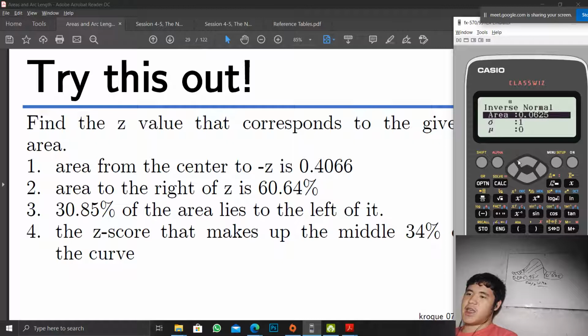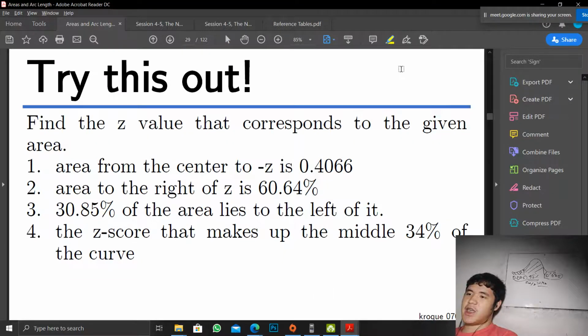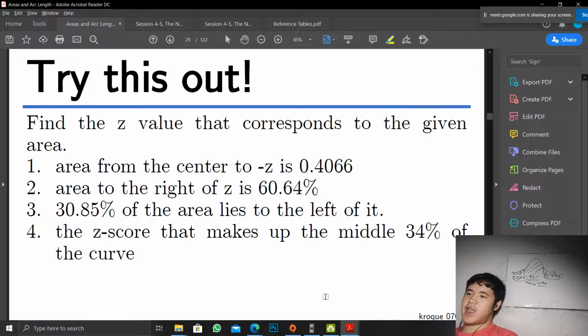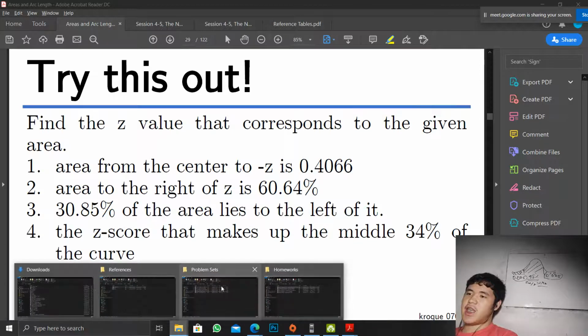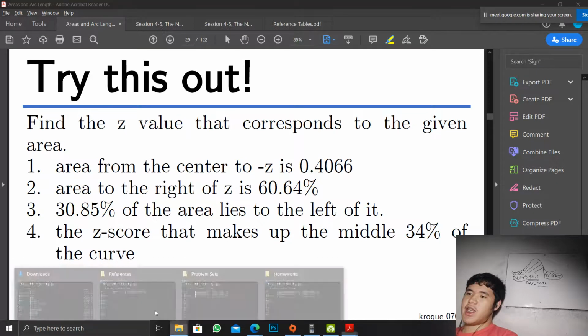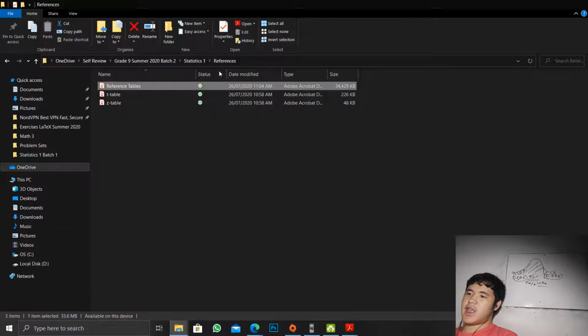So, if we draw this example, if we draw natin, imagine, teka, paano kaya tayo mag-draw? Sige, let me just get a PowerPoint slide.